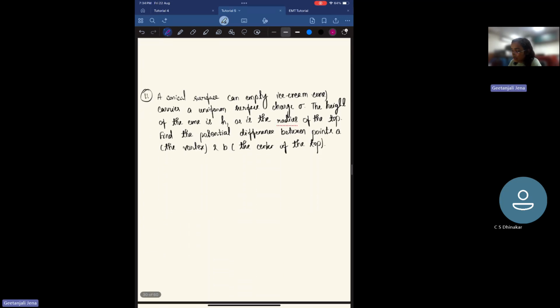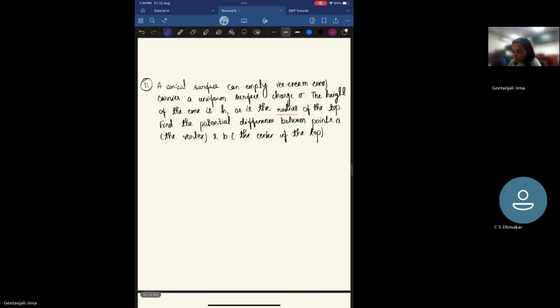Okay, so let us move to our next problem. The question says there is a conical surface.